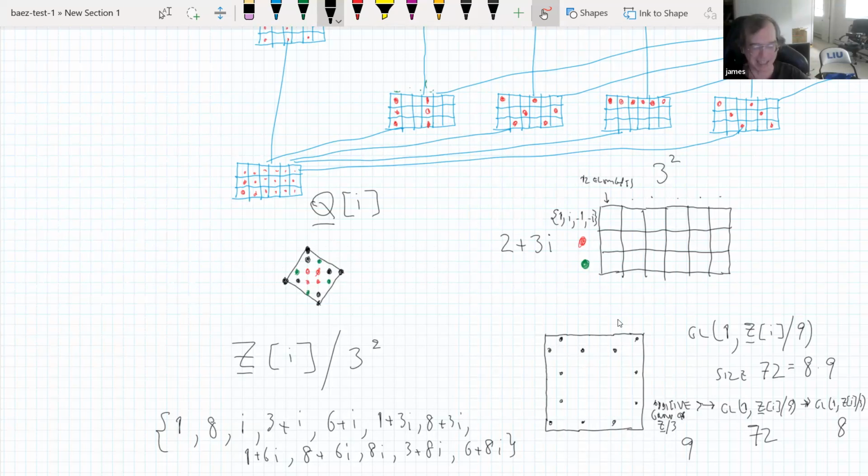So can I just think about that for a moment? So let's see. This thing for 9 has a 72 element multiplicative group. The thing for 2 plus 3i has a 12 element multiplicative group. So I just multiply those two together, right, to get the size of the relevant subgroup.